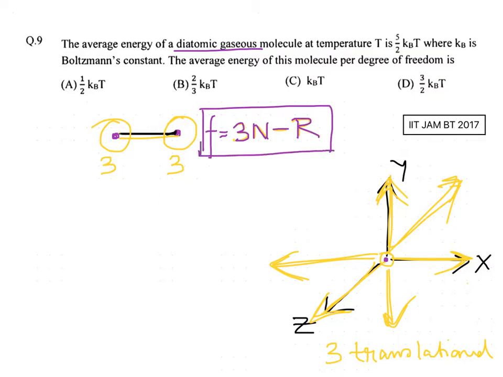In case of a diatomic molecule, n is 2 and r is 1 because only one bond is there. So F equals 3 times 2 minus 1, that is 6 minus 1 equals 5.